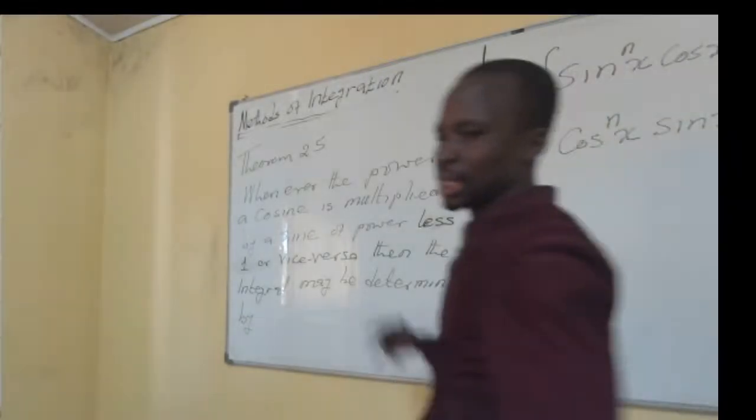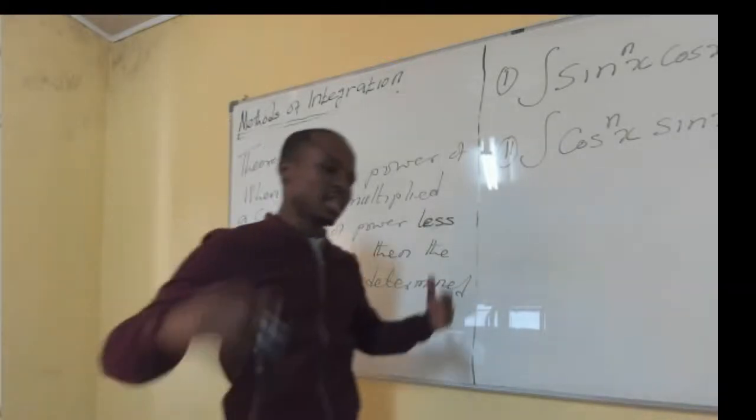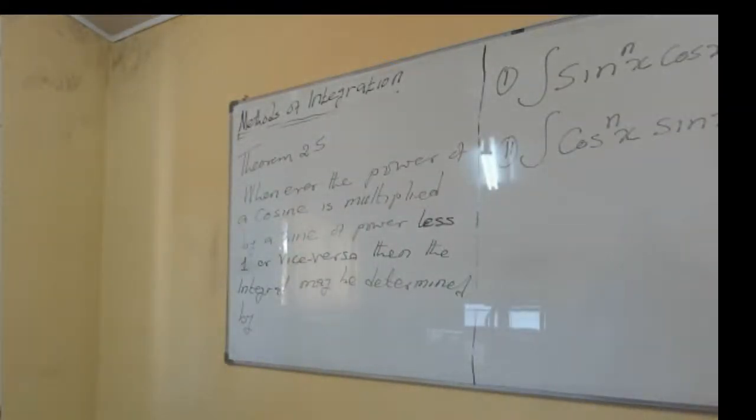So these are standard. You need to make sure that you remember them. If you are given a question that you feel differentiating or integrating is so tedious, then you apply these concepts, please.